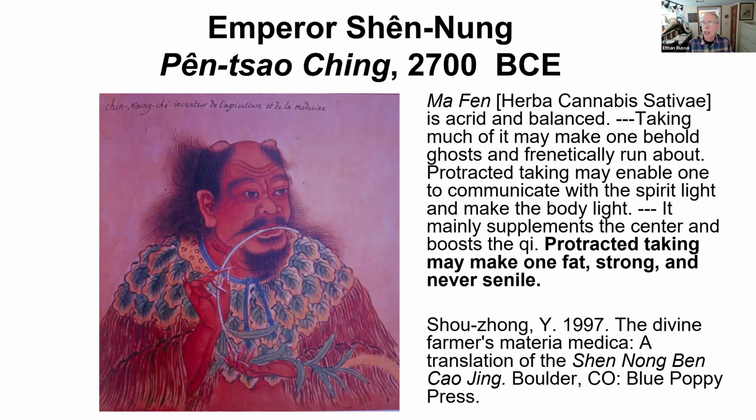"Taking much of it may make one behold ghosts", this is the Chinese description of hallucinations, "and frenetically run about. Protracted taking may enable one to communicate with the spirit light and make the body light. It mainly supplements the center and boosts the qi. Protracted taking may make one fat, strong, and never senile." So it's particularly that last bit that really piqued my interest.